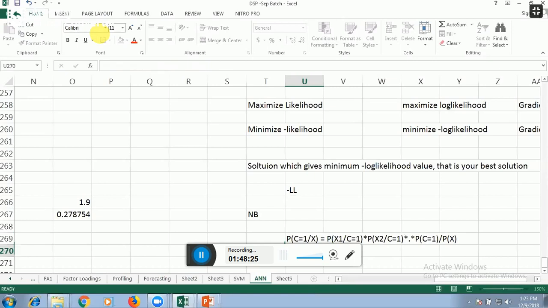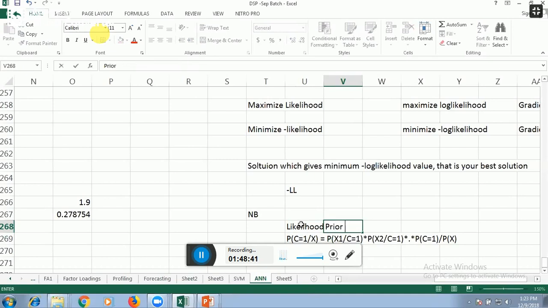If you remember, the left side we call the likelihood, and the right side we call the prior probabilities.